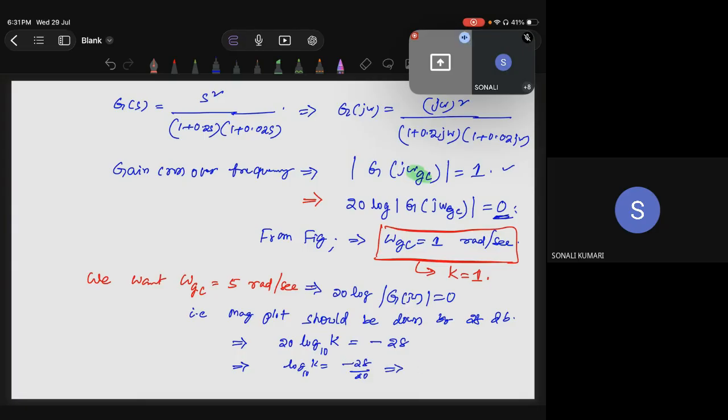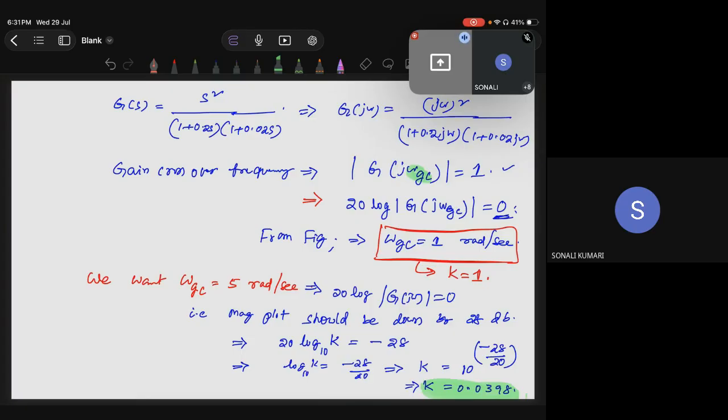What is k? K is nothing but 10 power minus 28 by 20, am I correct? So that value will be equivalent to 2.0398. That's our answer.